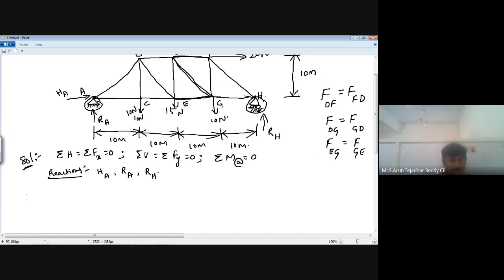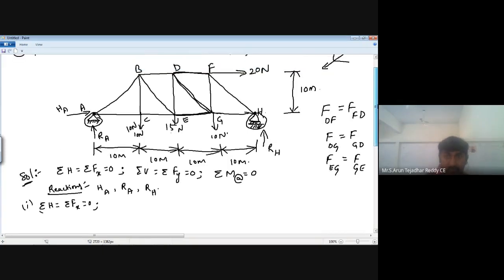Now I will apply the first equilibrium equation, summation of horizontal forces equals 0. By using it, I can find the horizontal forces acting in this given truss. Observe in this diagram how many horizontal forces are acting here. HA is a horizontal force.